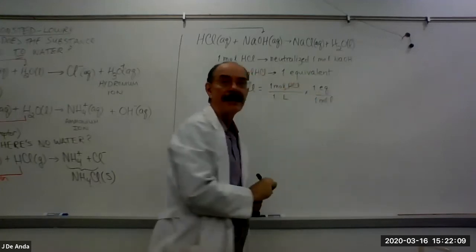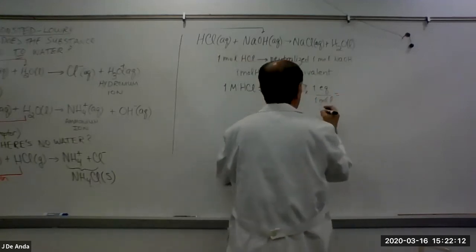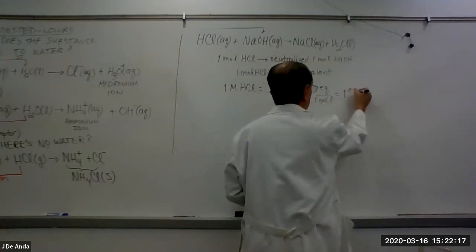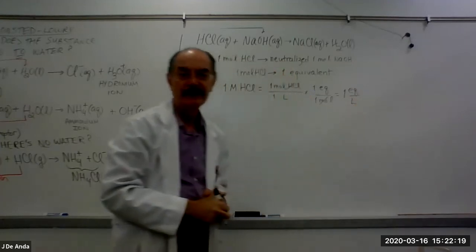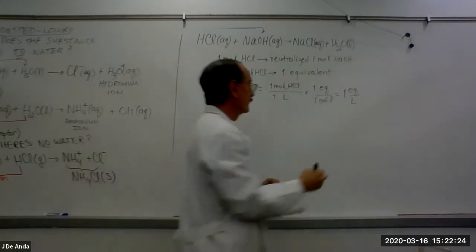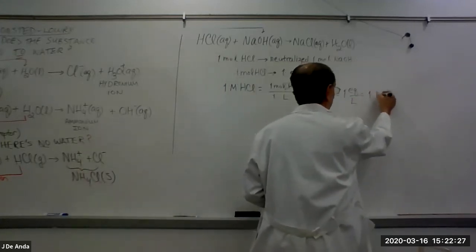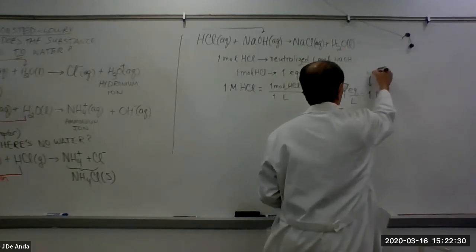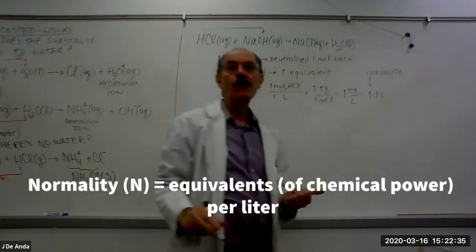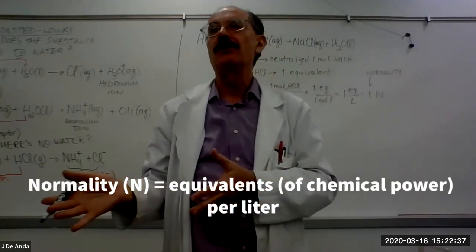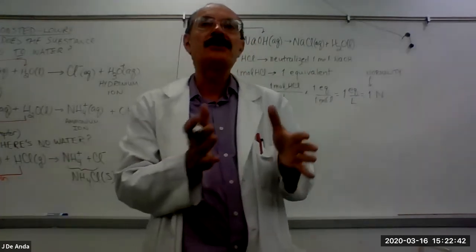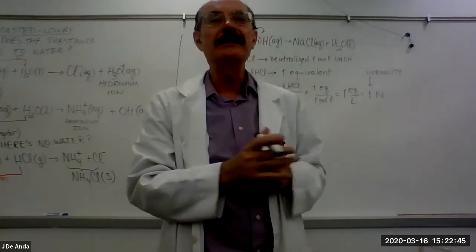So I can cancel that out, and I get that 1 mole per liter of HCl is 1 equivalent per liter. And this is the basis for another way of measuring concentration. This is called 1N. This would be the normality. Normality is a way of measuring the concentration of this acid, not in terms of what there is in there, but how much chemical power there is per liter.